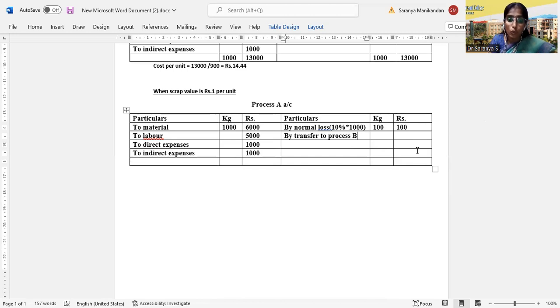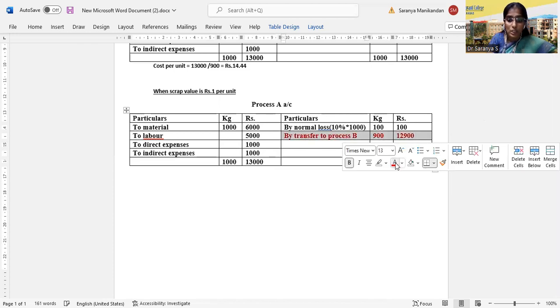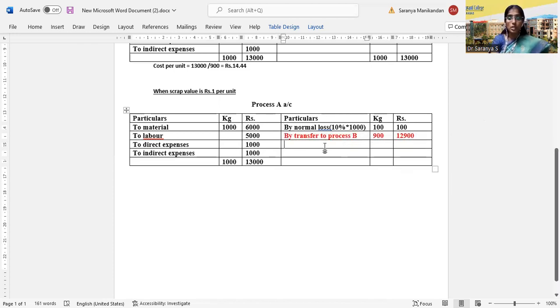This is the process A account under the different case, when the scrap value is rupees 1. When you balance, 1000 kg and 13,000 is the total. Now 1000 minus 100 becomes 900, and 13,000 minus 100 becomes 12,900. So by transfer to process B, 900 kg, rupees 12,900. This will be the input for the next process.